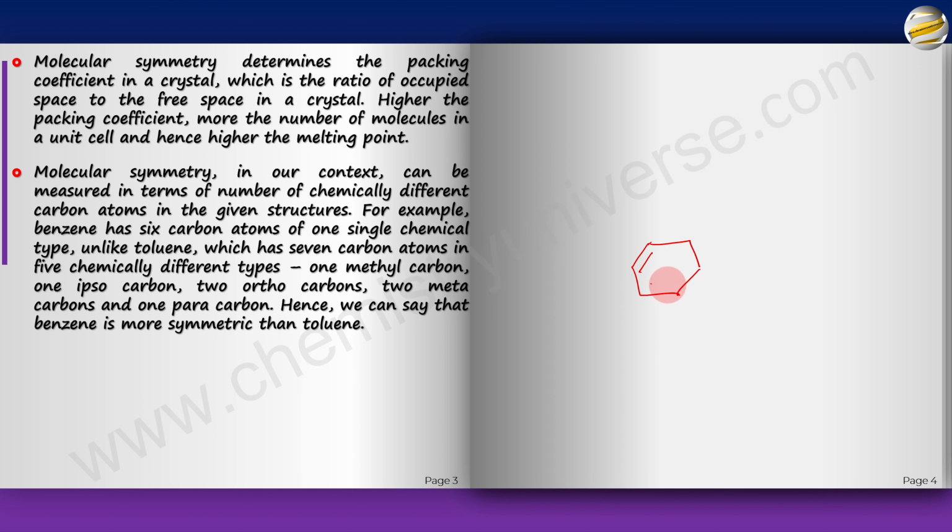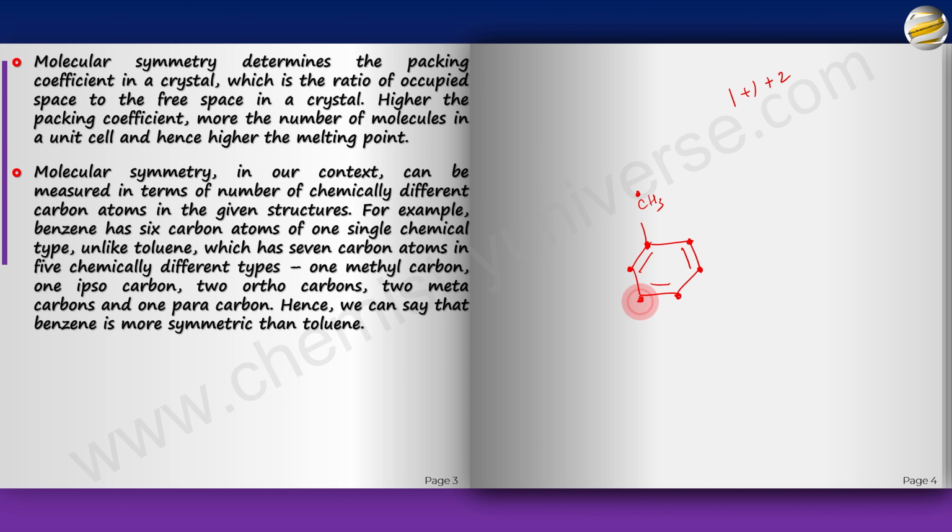But when you look at, this is benzene, right? So, you have 6 carbon atoms, all of chemically similar nature. But if you have a toluene, you have 1 methyl group of one type, 1 carbon where the methyl stands, which is unique, 2 are ortho. These 2 positions are called ortho. So 2 of them are ortho.